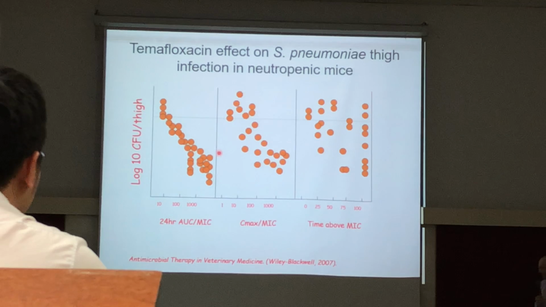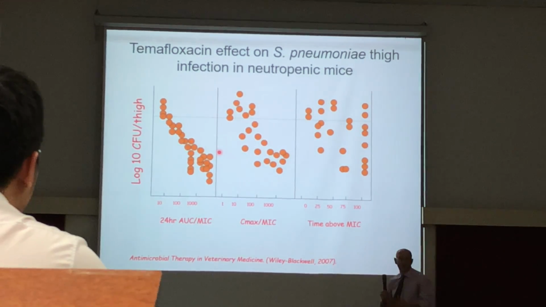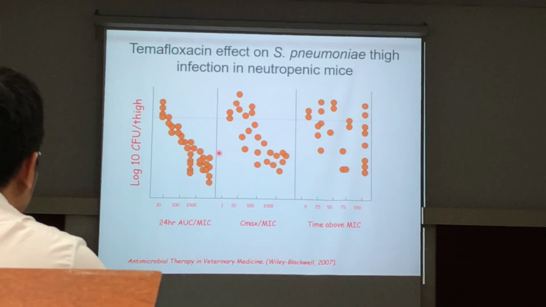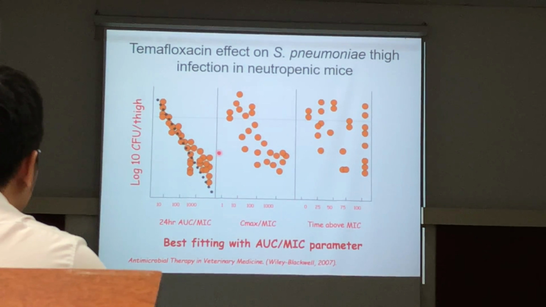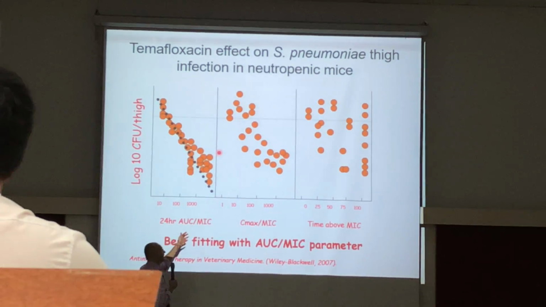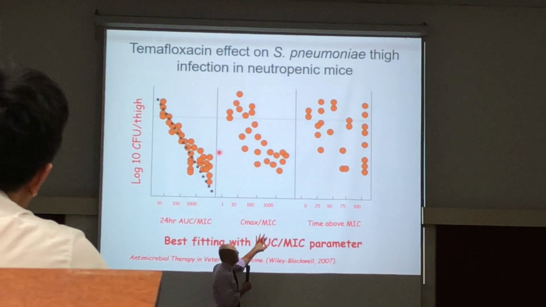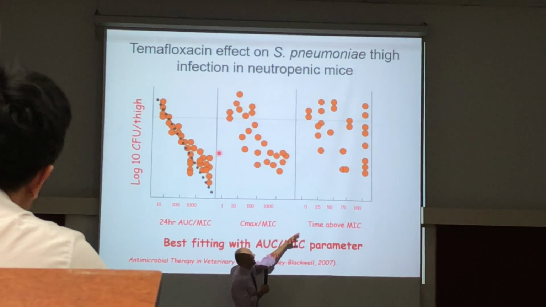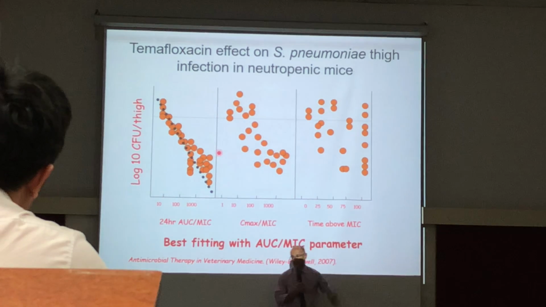First, right. I told you, it's easy. Because even here, you can see that you have a really straight correlation. And the best fitting is from the AUC over the MIC parameter, rather than the time above the MIC.